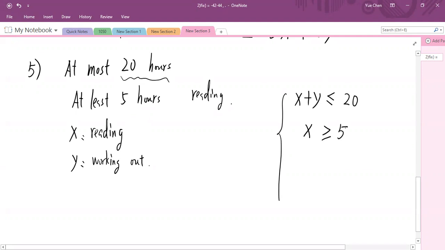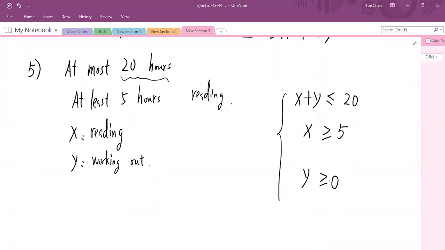And we have also another one, which is not stated in the problem, but we know Y is greater than or equal to 0, right? We should have no negative hours, right? So of course, we don't need to write down X greater than or equal to 0, because here we assume X is greater than or equal to 5. So it's already greater than or equal to 0, right?